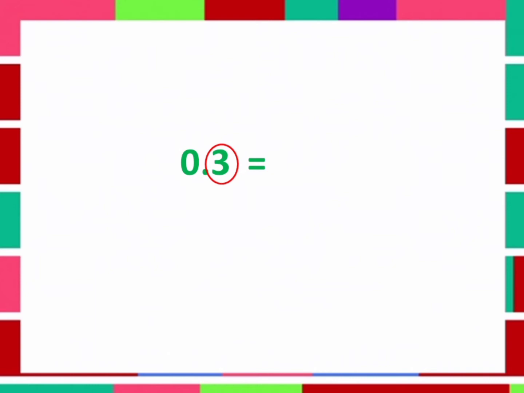So, for example, kung isa lang yung digit na meron after the decimal point, ibig sabihin, ang denominator nun ay 10. Kung dalawa naman, syempre, ang denominator nun ay 100. Kung tatlo naman, ang denominator niyan ay 1,000.